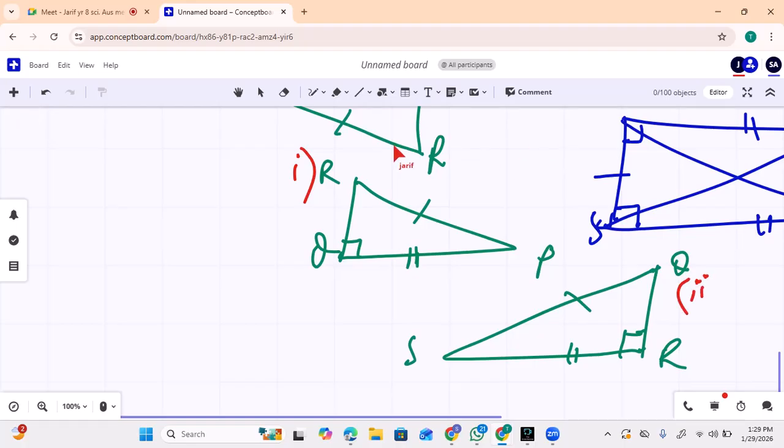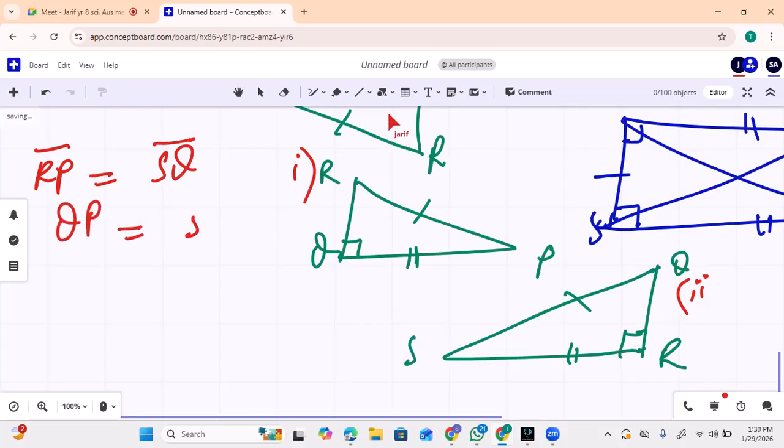We know that side RP is equal, or congruent, to side SQ. This is our first. Then you can also say that side QP is equal to side SR.